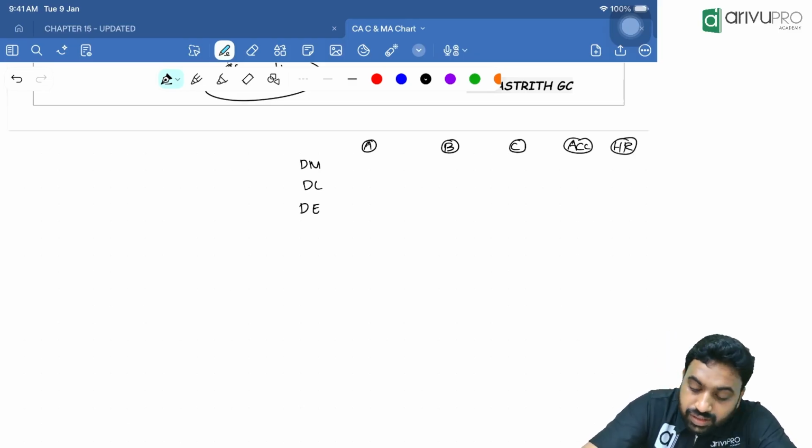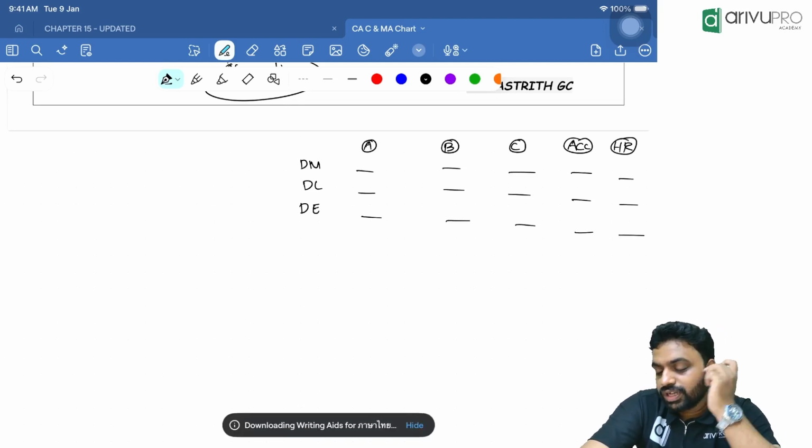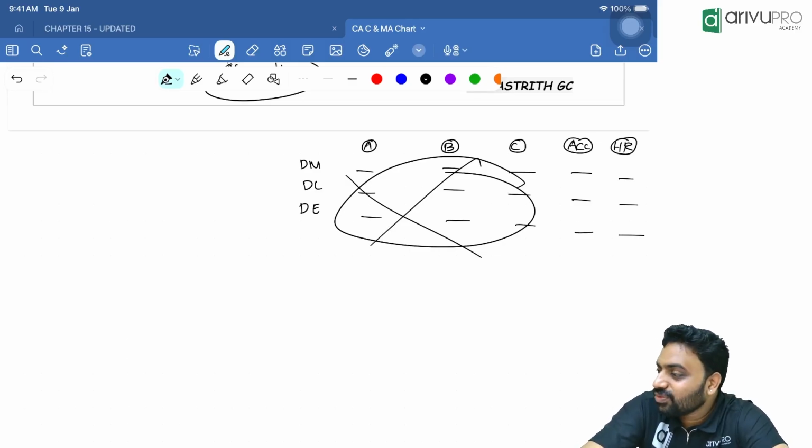Now, what to do with these direct material, direct labor, direct expense? Should I apportion or should I allocate it to the production departments? I should not do anything to the production department.